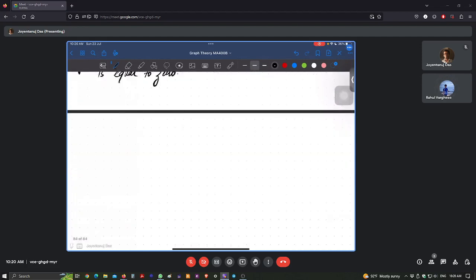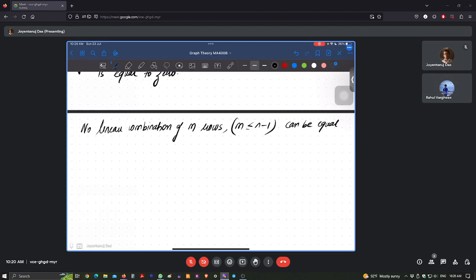So no linear combination of m rows, where m is less than or equal to n minus 1, that is already given, can be equal to 0. So this implies that the rank has to be at least n minus one. Rank of A is at least n minus one.